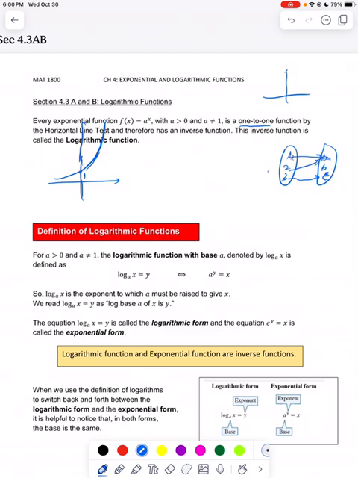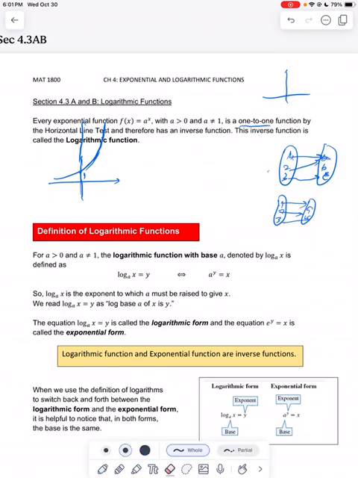Each input has to go to an output, but a unique output. If we do 1, 2, 3 and a, b, c, with 1 going to a, 2 going to b, and 3 going to c, then it is a one-to-one function.